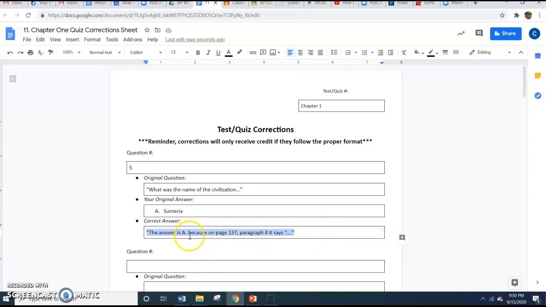And this is the only way I'm giving points back. So your format needs to be, the answer is B because on page 62, paragraph 3, it says, and then type me out the quote that proves why the answer was B. Okay? Any question that you do that for, you will get a half point back.